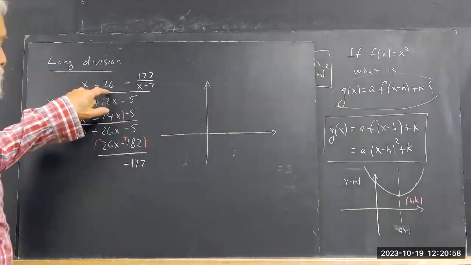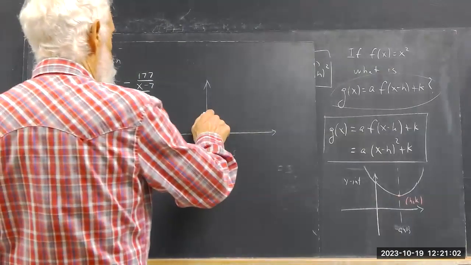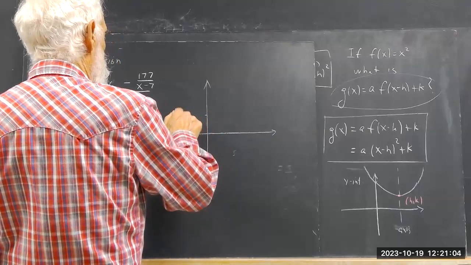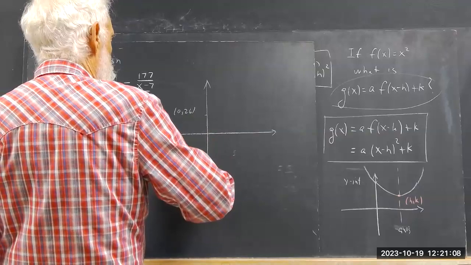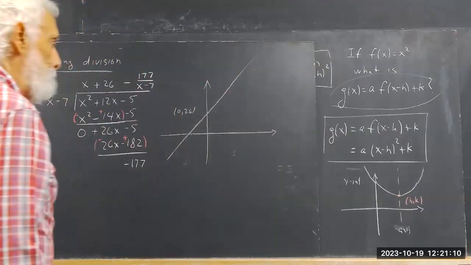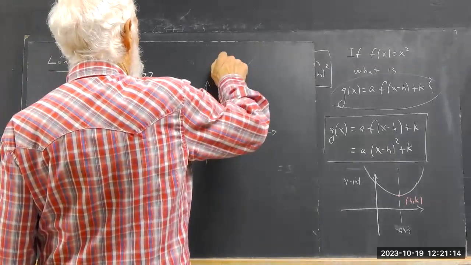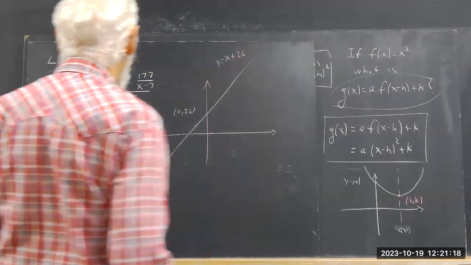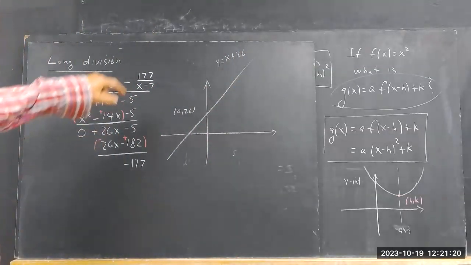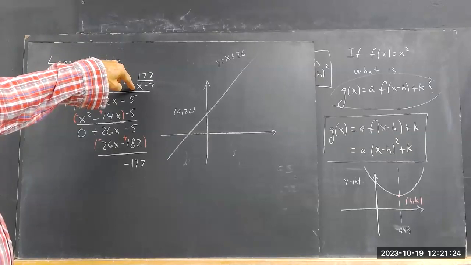Now, the last thing I'll tell you about this, with an incidental thing, is: what's my graph of x plus 26 look like? Well, y equals x plus 26 has a y-intercept of 26 and a slope of 1. It looks like this. This is y equals x plus 26. What does 177 over x minus 7 look like?